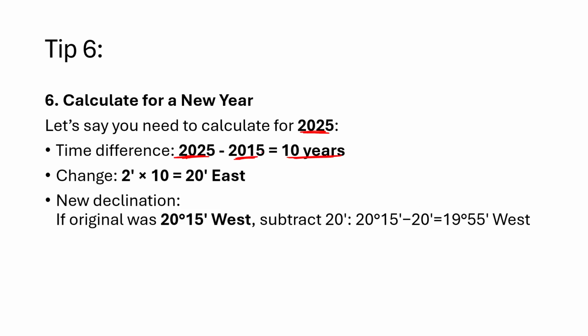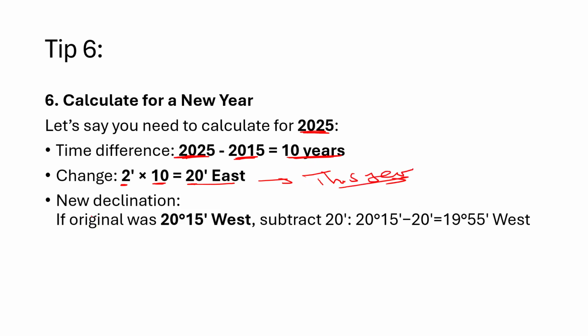So now 10 years have passed. Every year, magnetic declination changed by 2 minutes towards the east, so 2 minutes times 10 is 20 minutes towards the east.